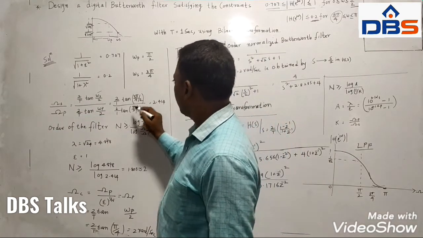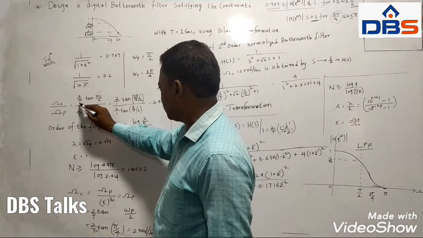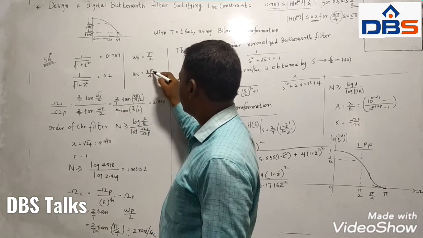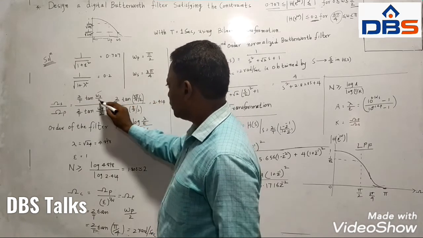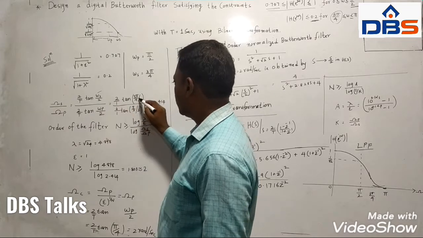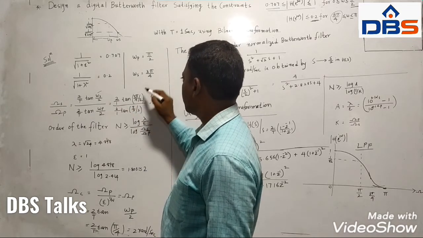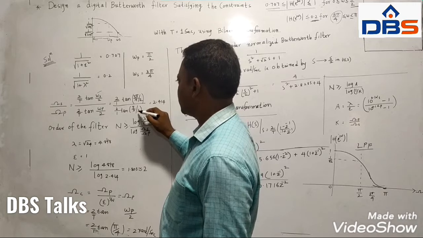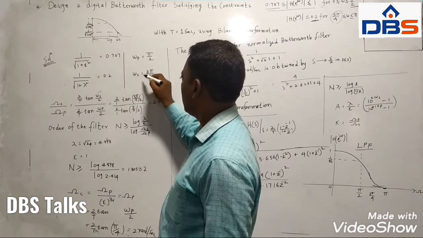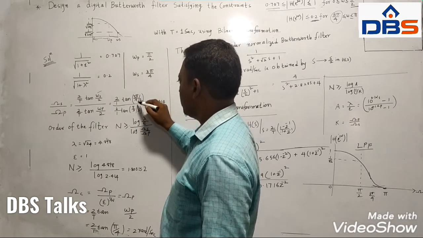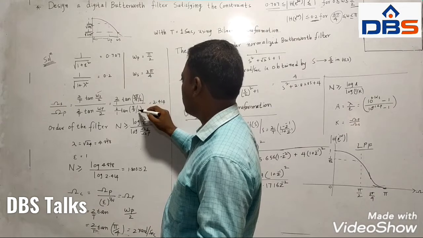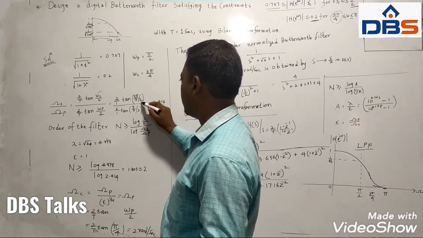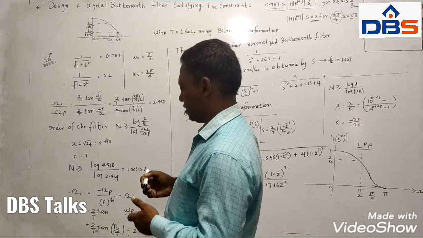So if you substitute, T is 1, omega s is 3 pi by 4, and with 2 in the denominator it becomes 3 pi by 8, and for the pass band it is pi by 2 divided by 2. Just substitute the omega s and omega p values and divide by 2, then you get tan 3 pi by 8 and tan pi by 4.